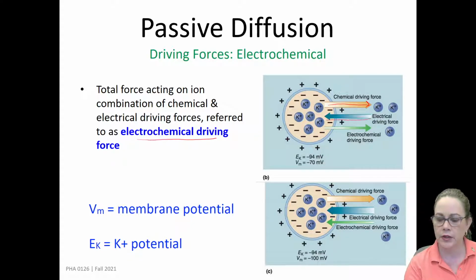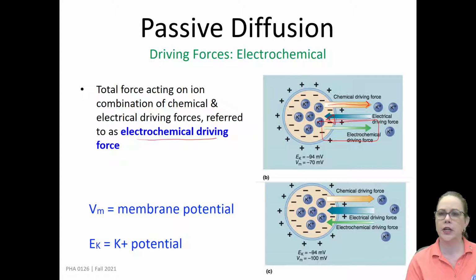So even though that's going against the chemical driving force, our electrical driving force is moving potassium into the cell. To determine the net movement, the electrochemical driving force, you'd need to quantify both the chemical and the electrical contributions.